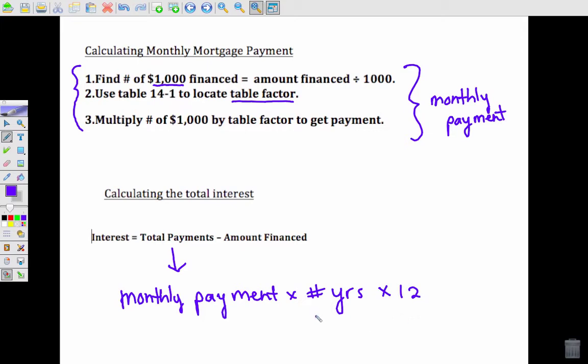And the reason why is because the number of years times 12 months will give us our number of payments. All right, if we just take that and subtract the amount that's being financed, then we would be able to figure out how much interest is being paid on this loan.